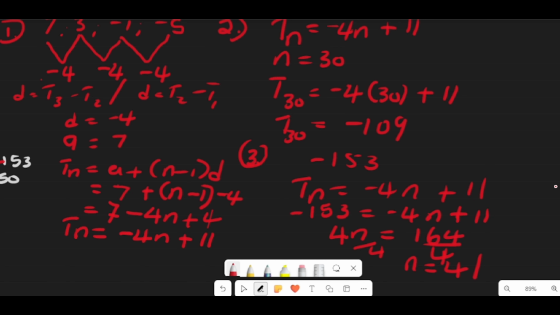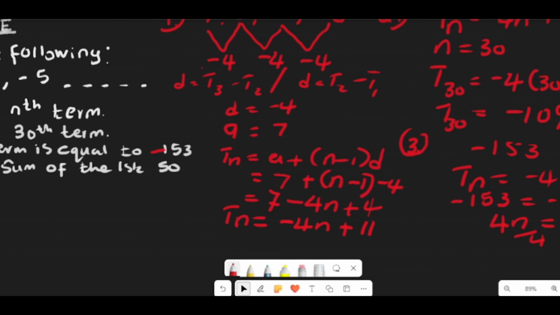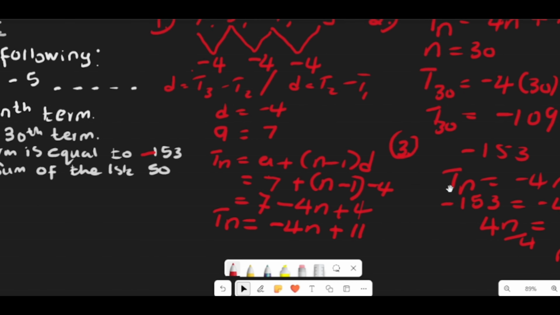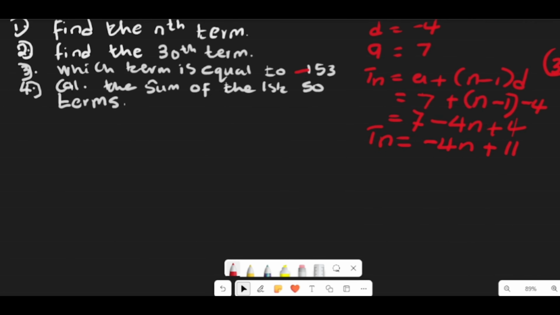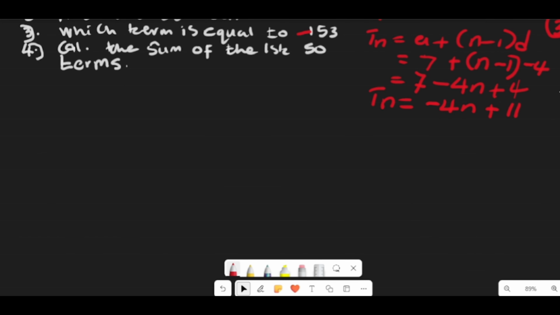Great stuff. Now we're left with one question, question number 4, which says calculate the sum of the first 50 terms.